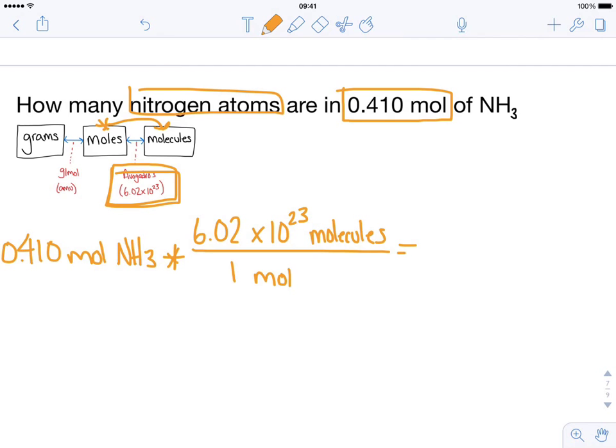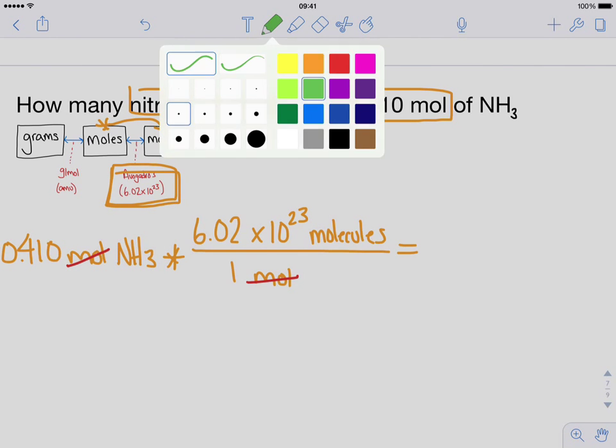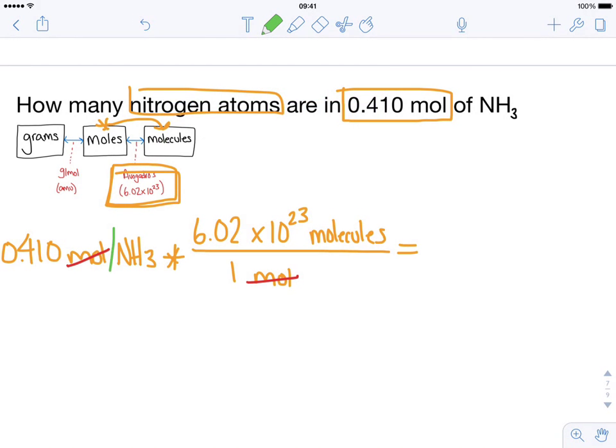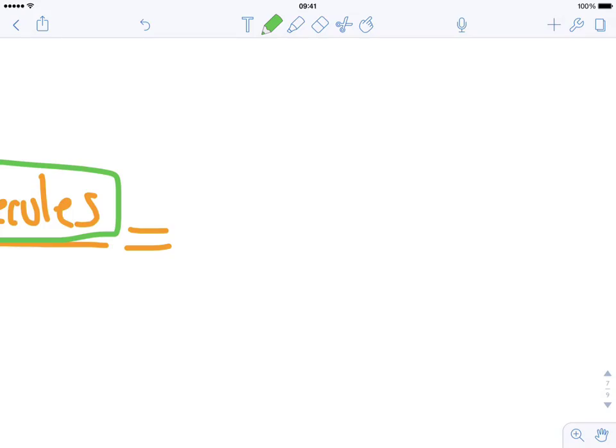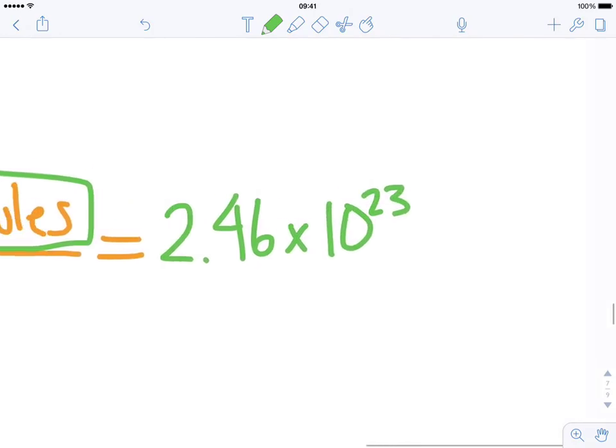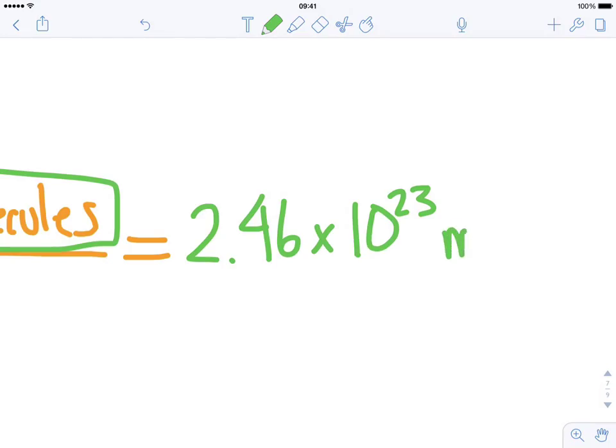Now, if we put this into our calculator and cancel out our units, so moles cancels with moles, and what we're left with is NH3 and molecules. So if you put this into your calculator, you should get 2.46 times 10 to the 23rd, and now the units that we're left with are molecules of NH3.